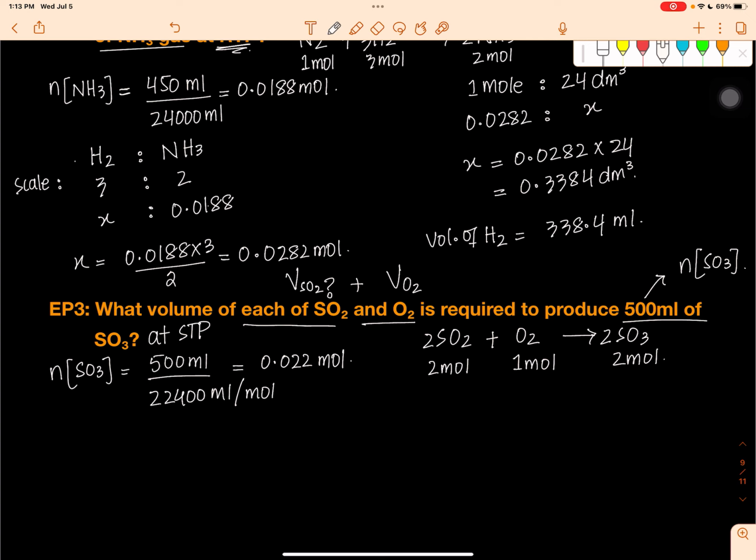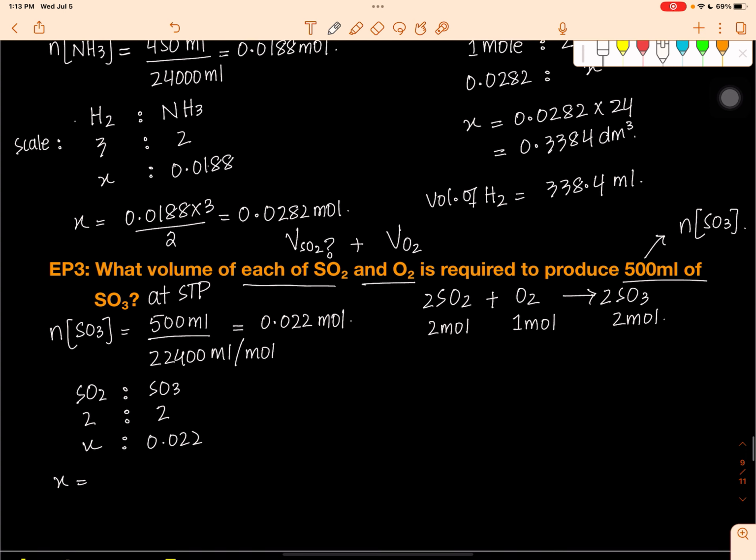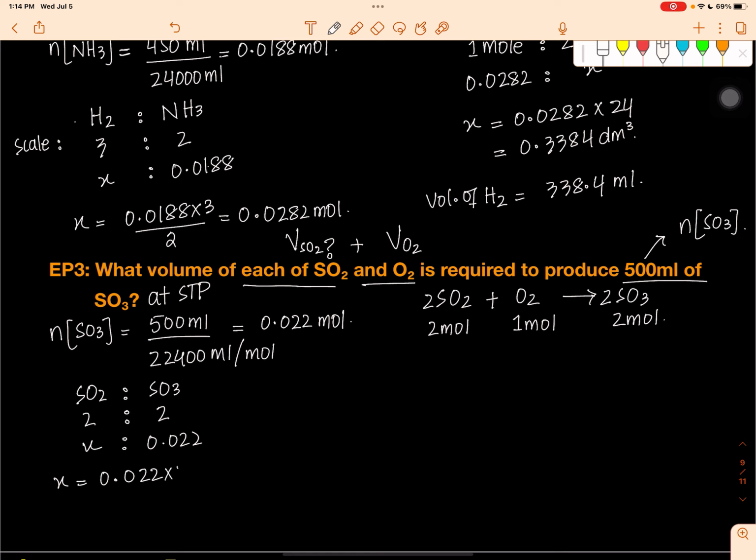We use the ratio method. 2 moles produce 2 moles, so 0.022 will be produced by how much sulfur dioxide? X is equal to 0.022 cross 2 divided by 2. You will get the very same number of moles because this is a 1:1 relationship.